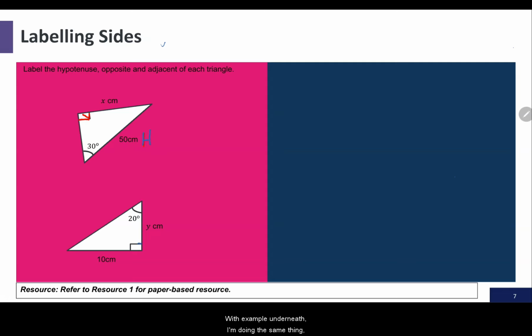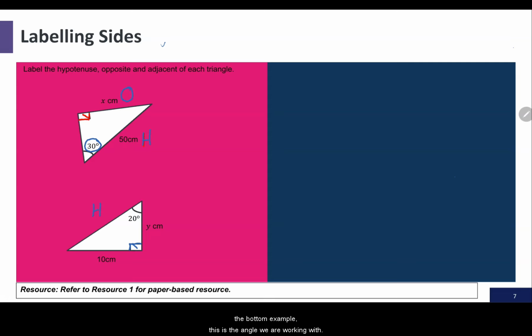With the example underneath, I'm doing the same thing. The right angle points to the longest side, which I'm going to call H, or the hypotenuse. The next side I'm going to label is opposite the angle we are working with. So that side there is the opposite.